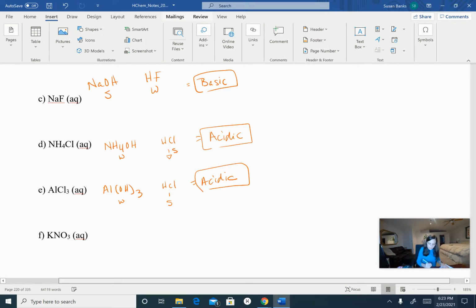Okay, and let's do potassium nitrate. So potassium hydroxide, that is strong, and nitric acid is also strong. So they are both strong acids and bases, so this will be neutral.